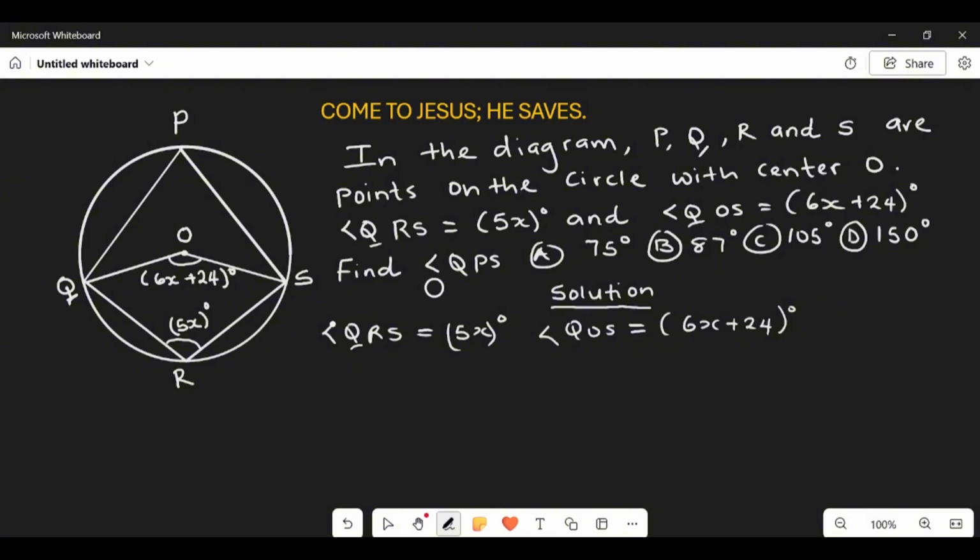The question now asks us to find angle QPX.